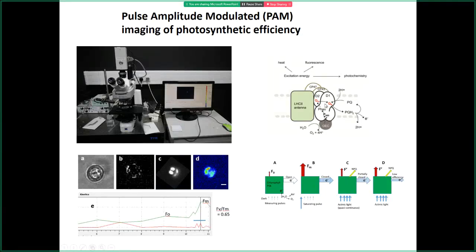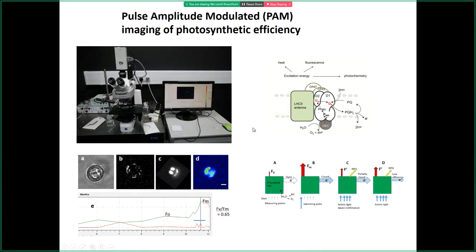Now, when chlorophyll absorbs excitation energy, it can either be used to transport electrons, or it can be used as fluorescence. So the energy can escape as fluorescence, or it can be used to transport electrons. And if there are any defects in the electron transport chain, if the cells are not photosynthesizing very efficiently, then that will be reflected by increased fluorescence from the chlorophyll.